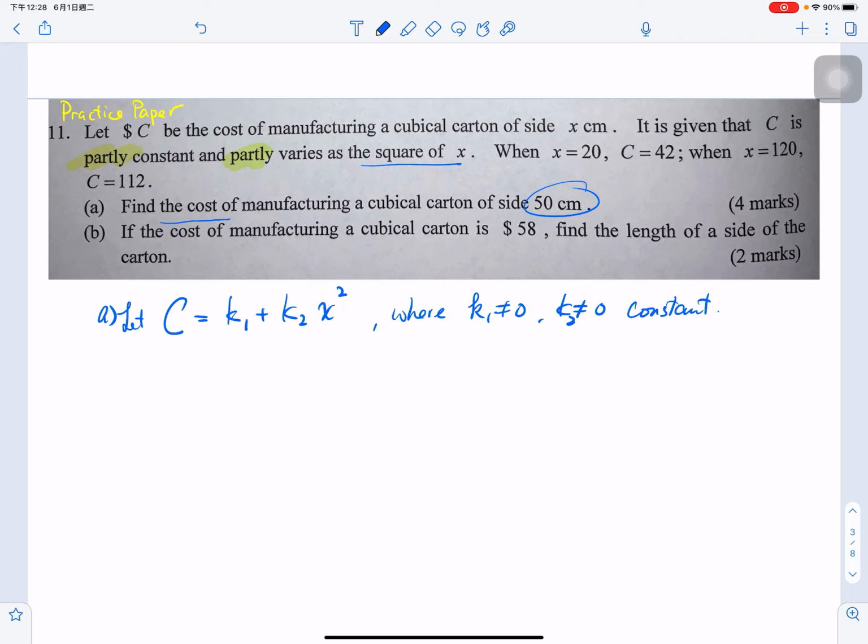So let's see. Solve the equation. When x is 20, C is 42. So this one, 42 equals K1 plus K2 times 20 squared.